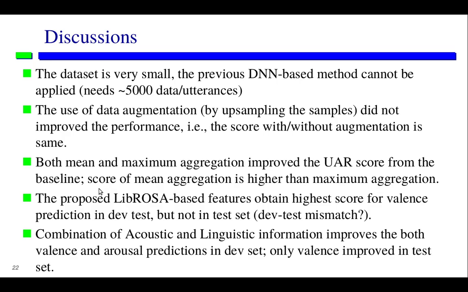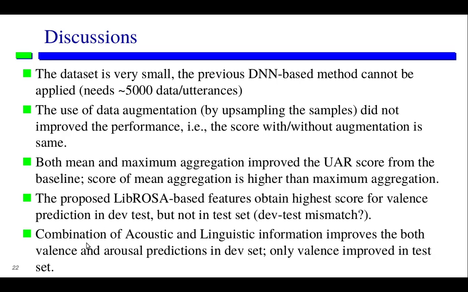We also proposed one feature set based on the Librosa feature extractor, and this feature combined with the linguistic one obtained the highest score for valence, but only in development because we didn't submit it to the test partition.